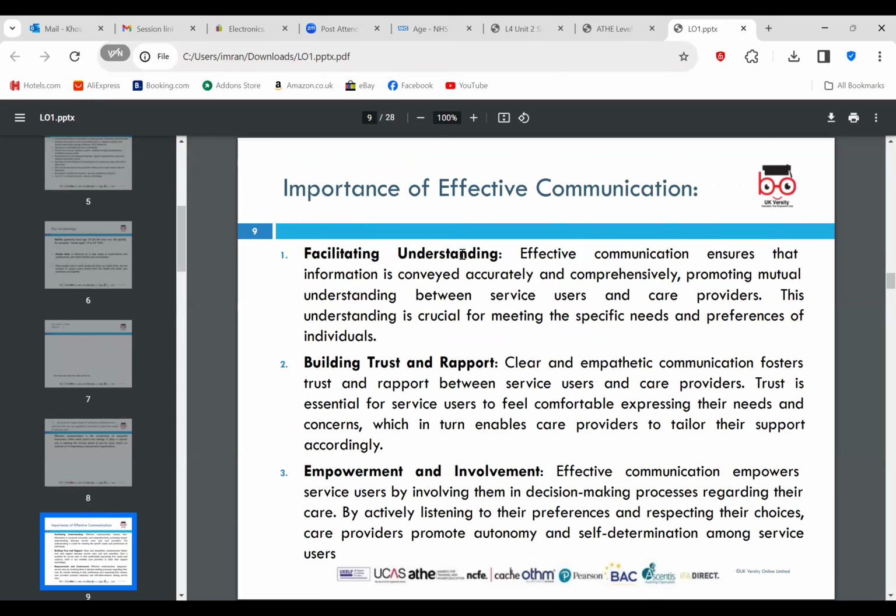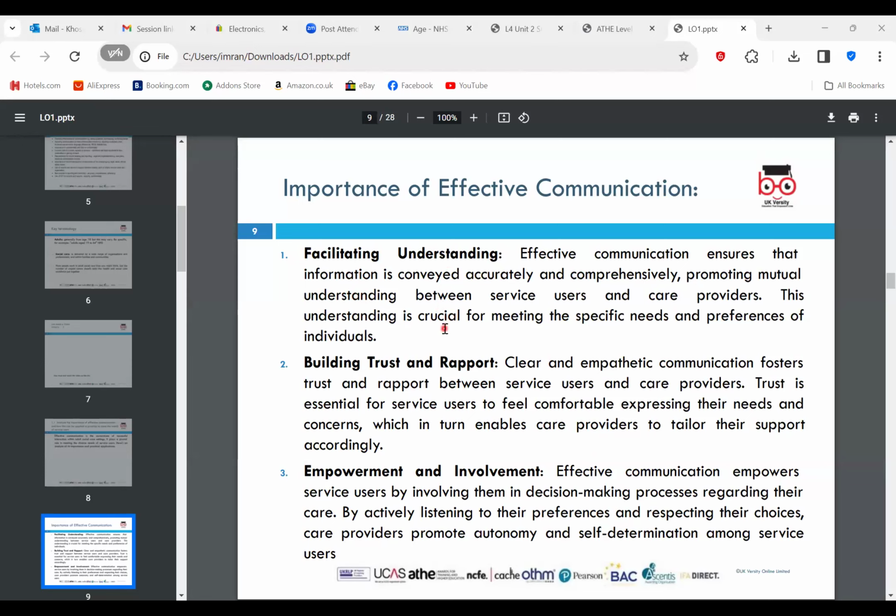So there should be facilitation in communication. Effective communication would ensure that whatever you're communicating is accurate and comprehensive, and that there is mutual understanding between you and the service users.